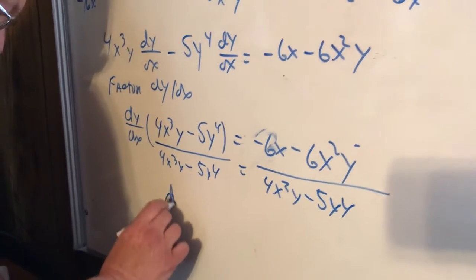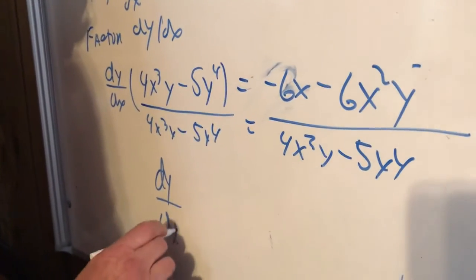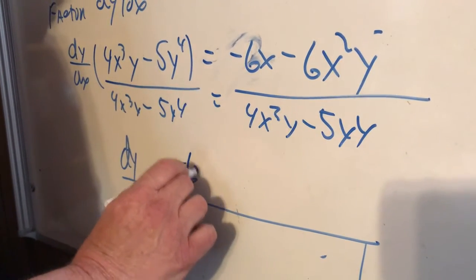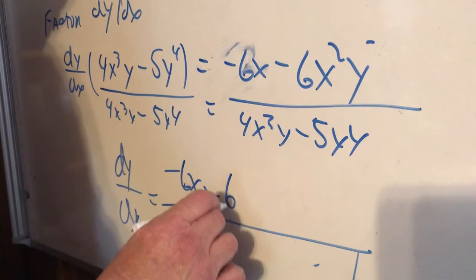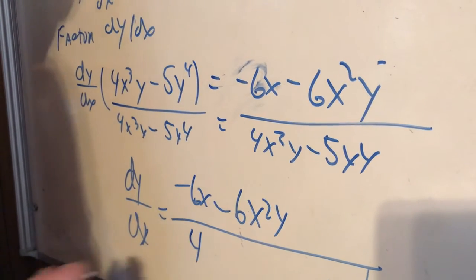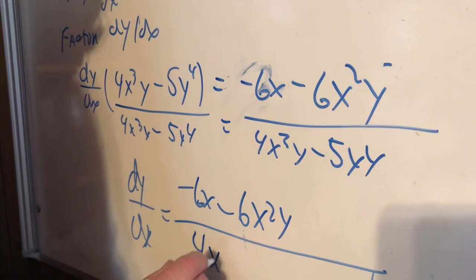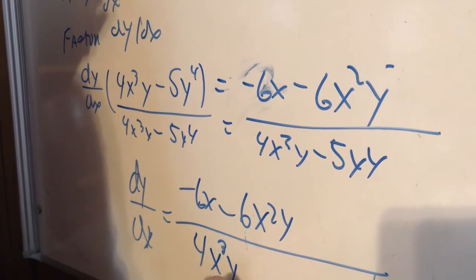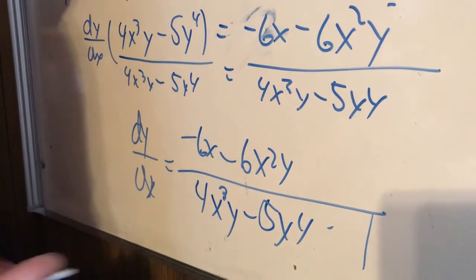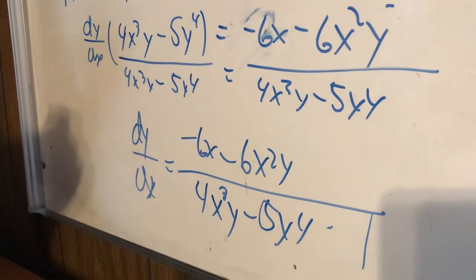So I'm left with my answer: minus 6x minus 6x squared y squared, over 4x to the third y minus 5y to the fourth. That's my answer.